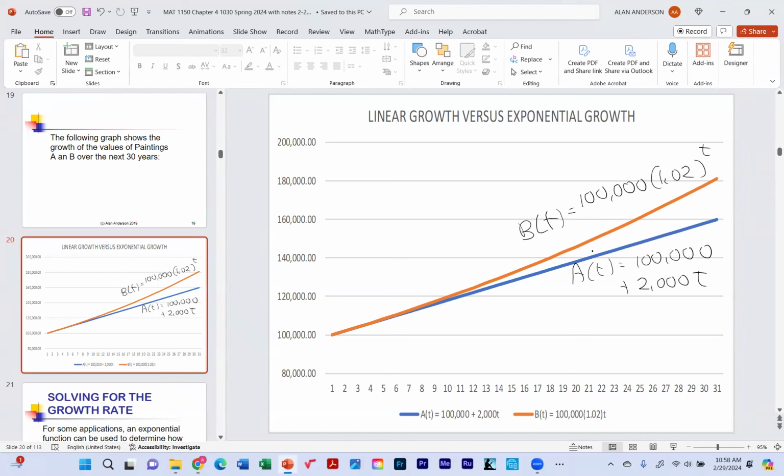For example, in year 30, the difference between the two looks like it's about $30,000. And that will continue over time. So as more time elapses, the value of B will be growing more rapidly than A, and the spread between them will continue to grow. Okay, so this is the difference between a linear function and an exponential function.